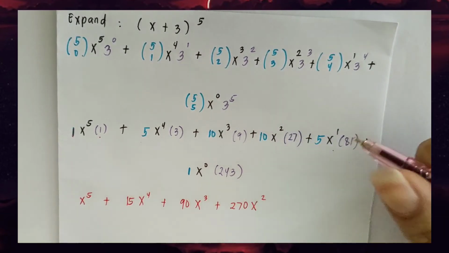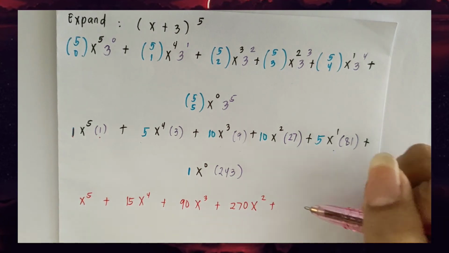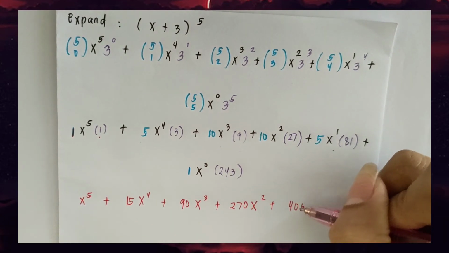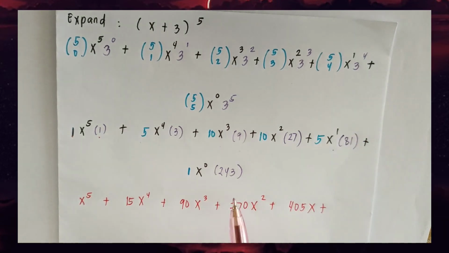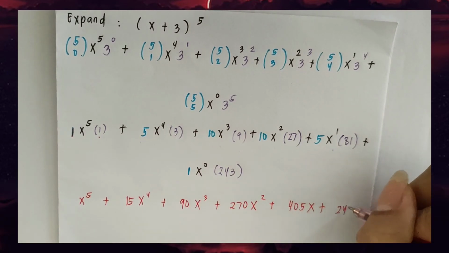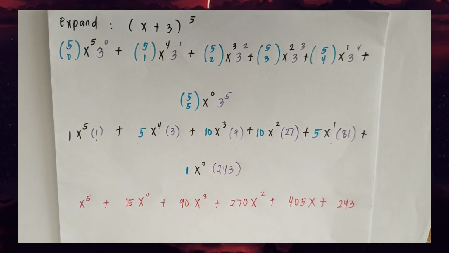Copy x squared. And then plus 81 times 5 is 405x. And then plus 243 times 1 is 243. X raised to 0 is 1, so no need to include. And this is now our final answer.